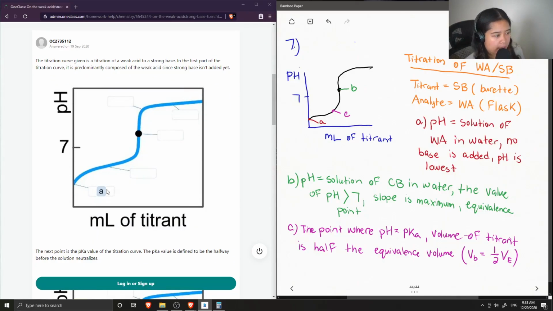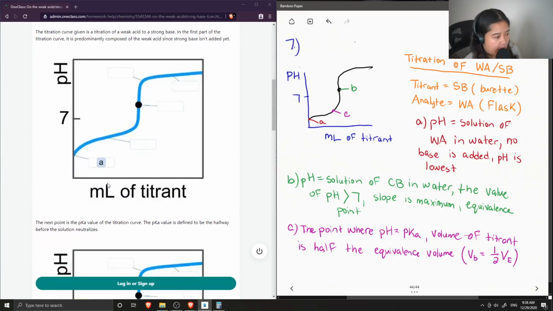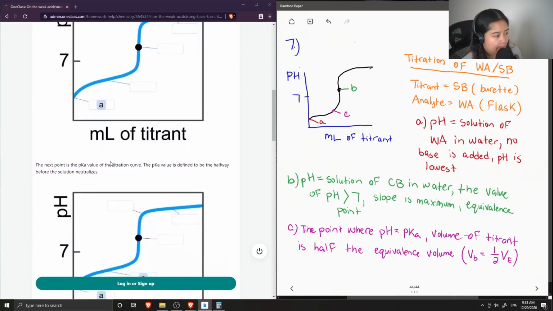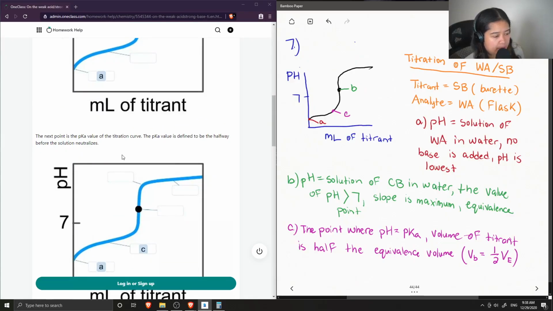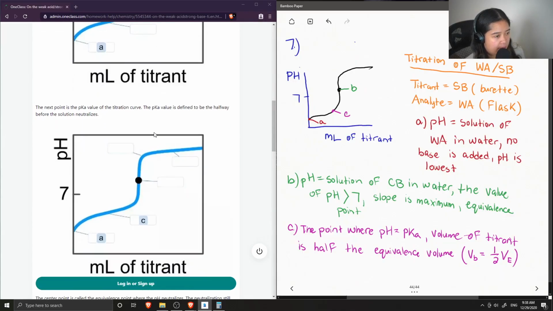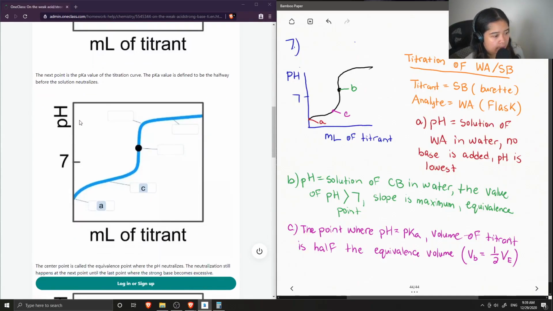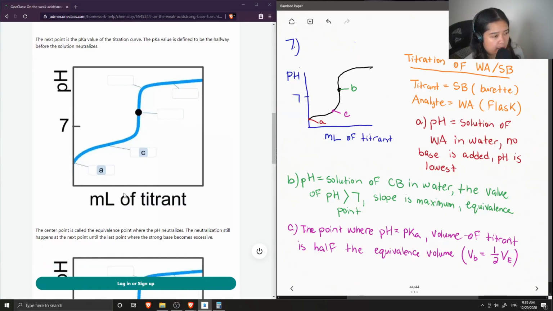So they showed A at the lowest pH level. The next point is the pKa value of the titration curve. So they did part C. Next, pKa value is defined to be the halfway before the solution neutralizes. Okay, so they showed point C.